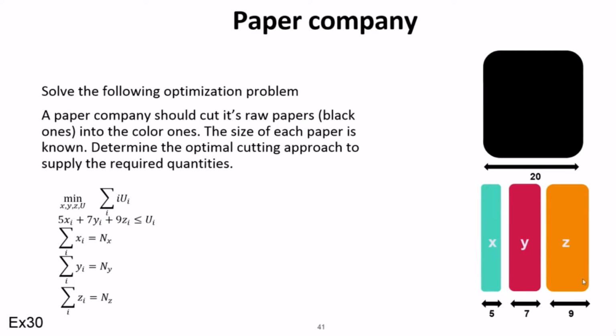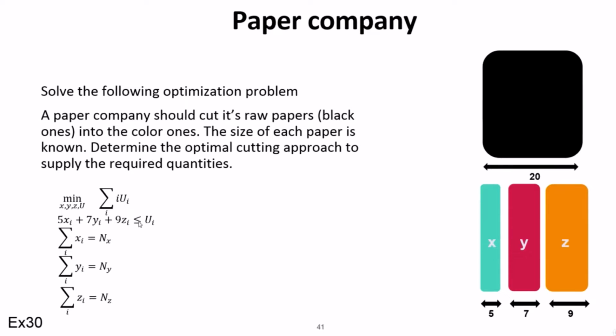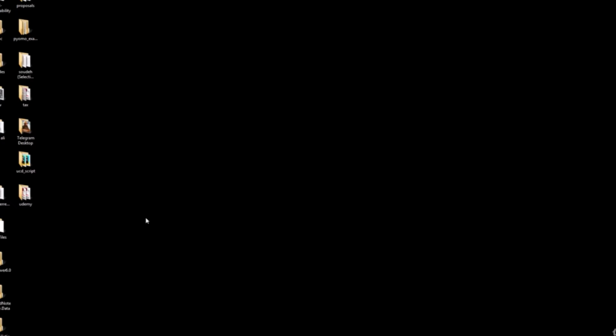I can't do any more Z because the width of the paper is not big enough. Or what else could I do? I could say 5 and 2 pieces of red, it will be 19, which is less than 20. So 5x plus 7y plus 9z should be less than 20 ui. It's better to write it down.